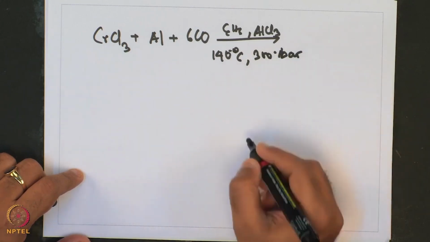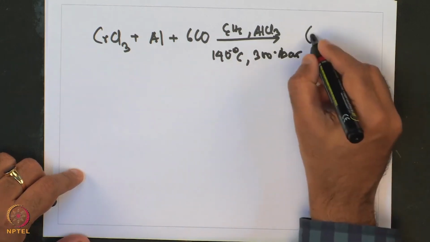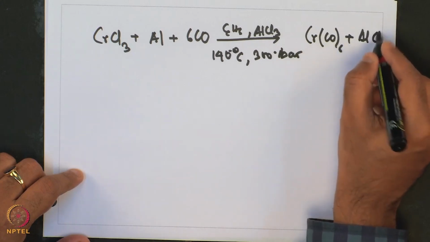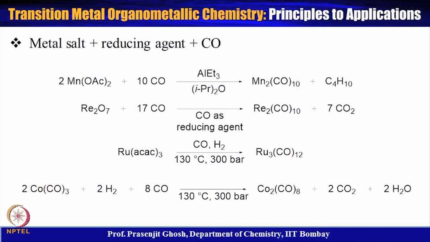Okay. So, that gives the chromium hexacarbonyl plus AlCl3. So, what we got is a flavor of this strategy which involved the metal with a reducing agent and carbonyl. This is a very effective method with a lot more number of transition metal carbonyl complexes being prepared by using this method. Some of the representative examples of these are discussed here.